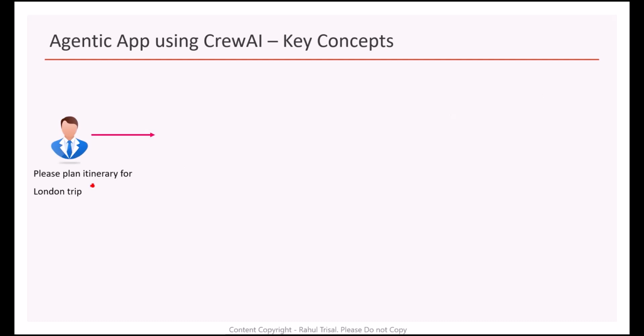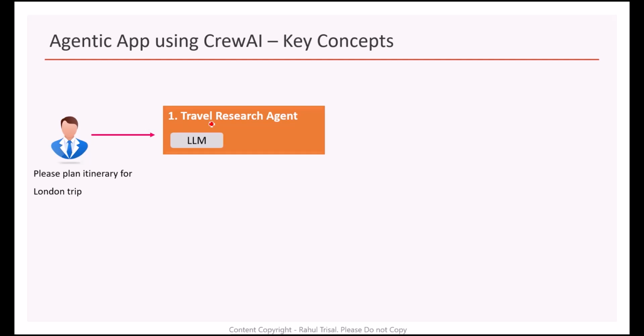Now first, we have John who needs an itinerary for his London trip. So he will make this request, and to process this request, we'll build a travel research agent. And this research agent will have two key characteristics. First, it will have a large language model that will be the brain behind this agent.